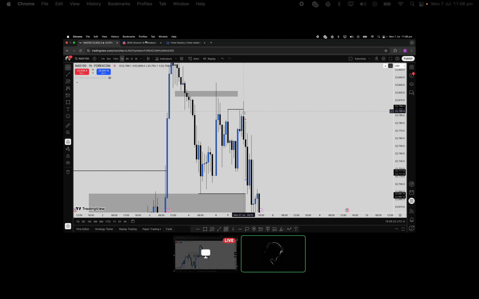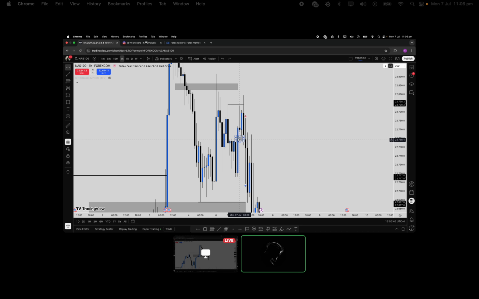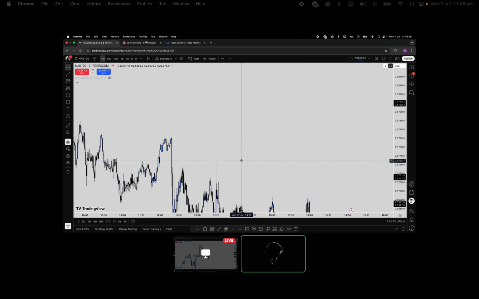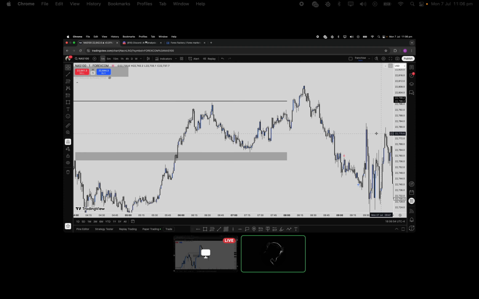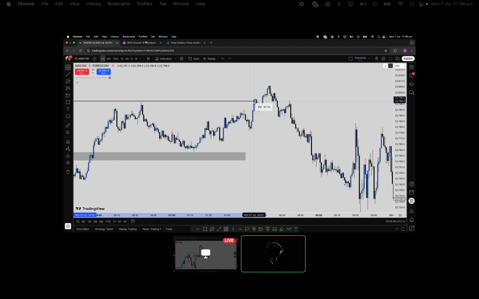So the IRL that I was looking at was, as we came to this ERL, I was looking at this here. Now obviously we've already used this, so I'd be targeting the unmitigated part of this gap here. And if I show you now on the M1 time frame, as we came into this high.